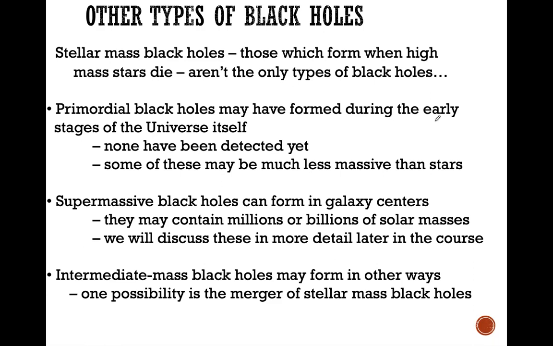We will briefly discuss supermassive black holes if we get time in the sections about galaxies, because every galaxy has a supermassive black hole at its center. And then there is another type called intermediate mass black holes. They form in other ways, basically by the merging of two stellar mass black holes, right? So those things can happen.